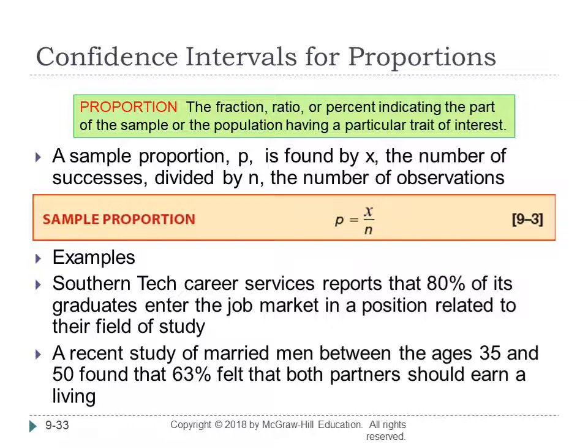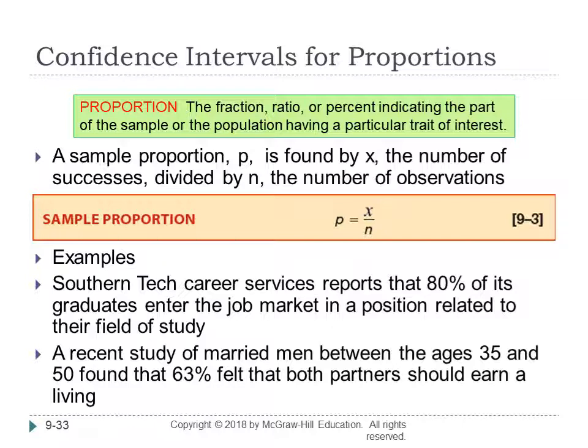Of course there are certainly cases where people graduate in a field of study but don't end up working. But this company claims 80% of the graduates will enter the job market in a position related to their field of study. So this is a proportion: 80%, 8 out of 10 of their graduates will work in the same field that they studied. Here is another example of a proportion. A recent study of married men between the ages of 35 and 50 found that 63% felt that both partners should earn a living.